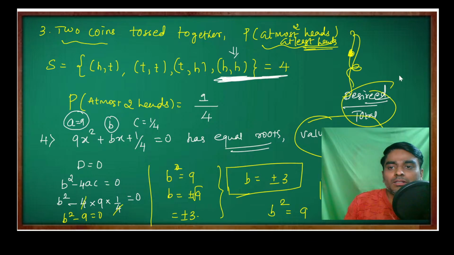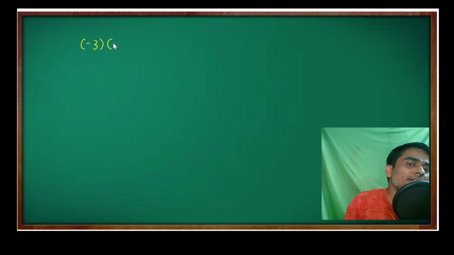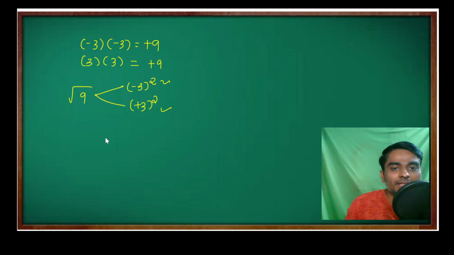Because if you multiply minus 3 into minus 3, you will get plus 9, and if you multiply 3 into 3, you will also get plus 9 only. Therefore root of 9 comes from squaring minus 3 and also squaring plus 3, both. Therefore we can write b equal to plus or minus 3. Okay, next question we'll take.